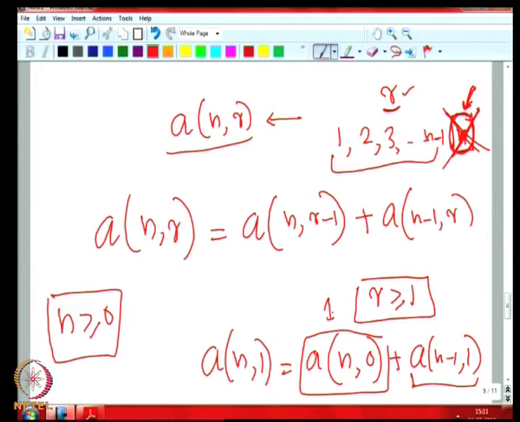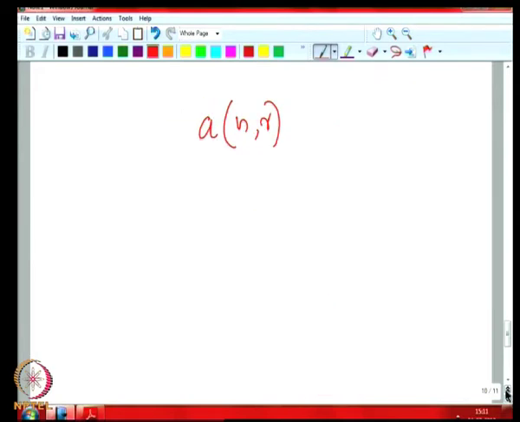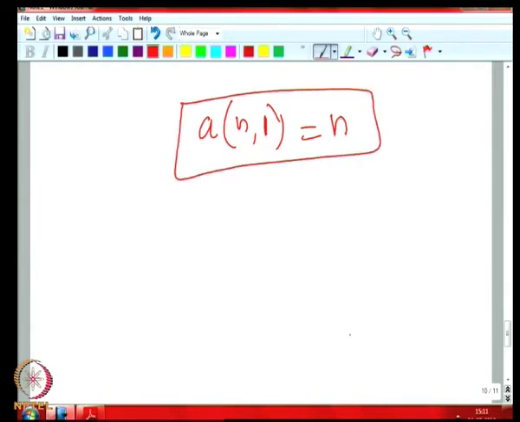Intuitively, A of n comma 1 has to be n, because if you want to select one object out of n available things, repetition does not make much sense since we are taking only one object, and there are n ways of selecting it.